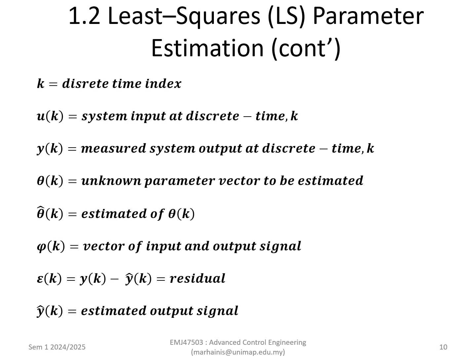Theta k is the unknown parameter vector to be estimated. Theta hat k is the estimate of theta k. Phi k is the vector of input and output signals and possibly their delayed signals. Zeta k equal to yk minus y hat k is the residue. Y hat k is the estimated output signal.